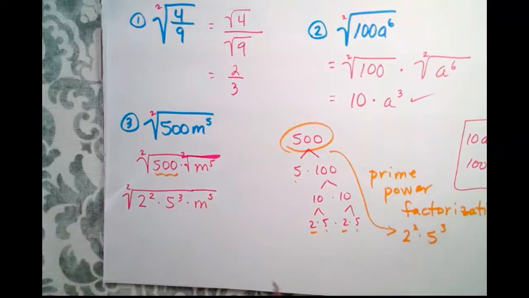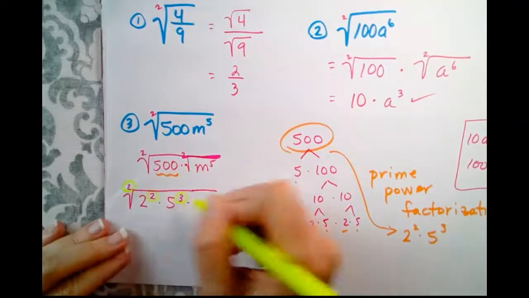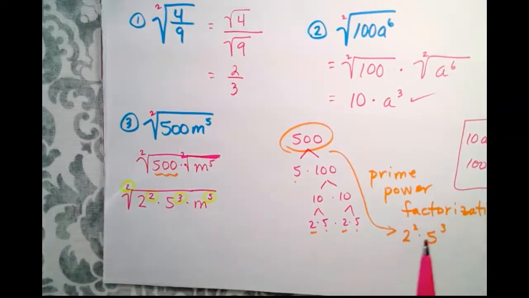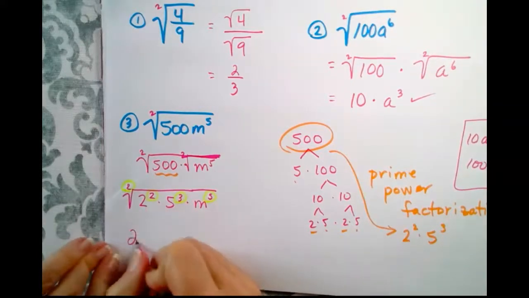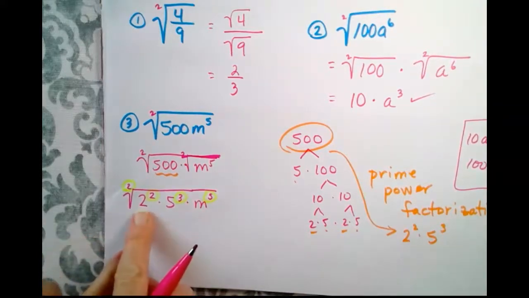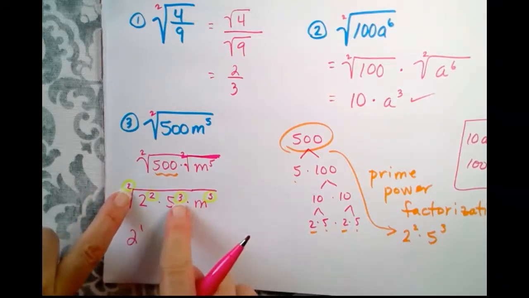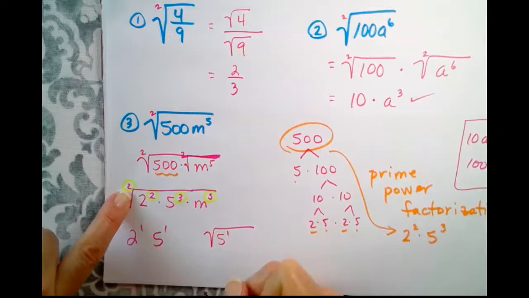So once again, when it's time to simplify this radical, all we're going to be comparing now are the exponents. All we've got to do is divide those exponents. So here goes. 2 goes into 2 one whole time. Notice the base stays the same. 2 goes into 3 one whole time, but there's going to be 1 power of 5 remaining.